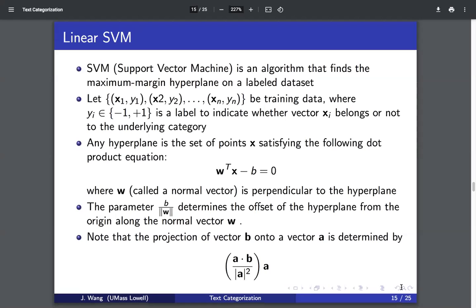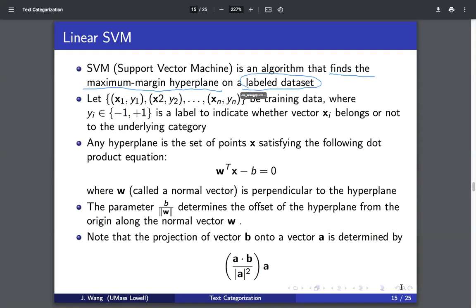Okay, so what we are trying to do, as we said, is find the maximum margin hyperplane. On a two-dimensional space, this is a line. On a high-dimensional space, there's a hyperplane, but of course, it's a subspace of the space that those data points are in. That's what we do on a labeled data set.